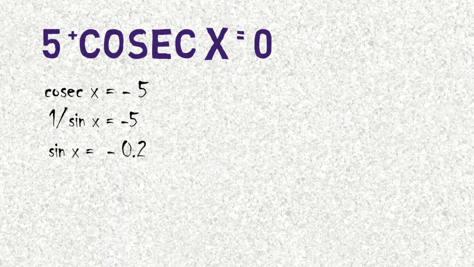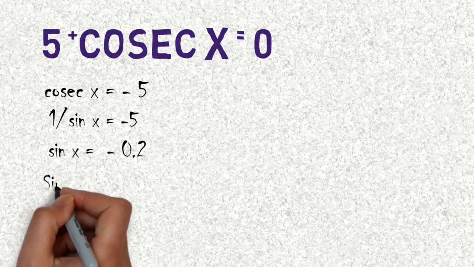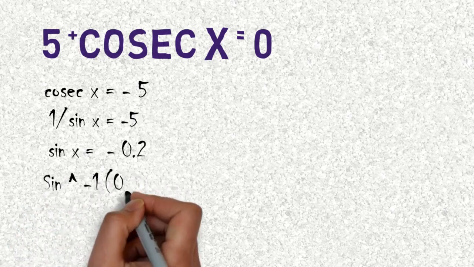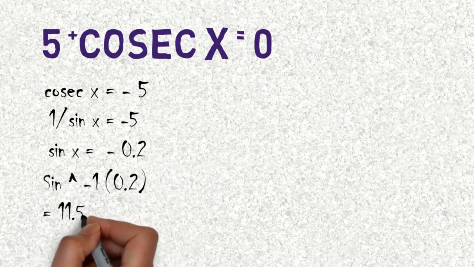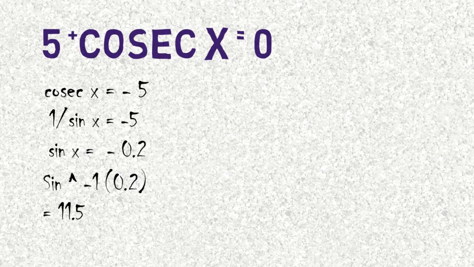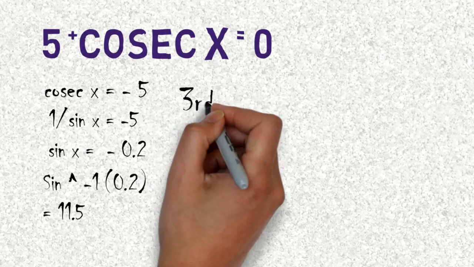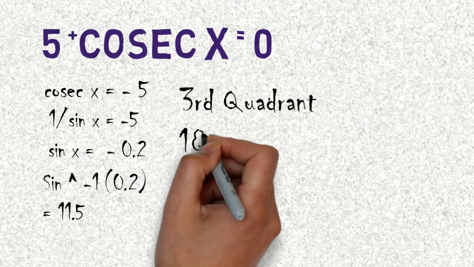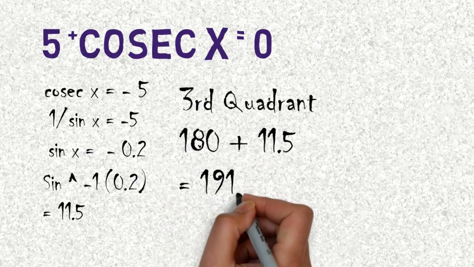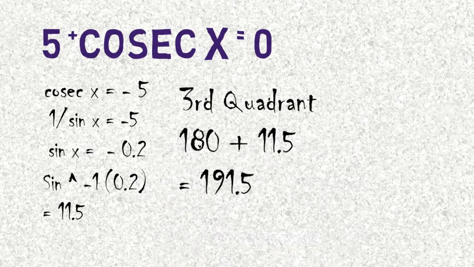So we can do sine inverse of 0.2, which will give me 11.5. That is for the first quadrant, but we want to calculate for the third and the fourth. So 180 plus the answer we got will give me 191.5.